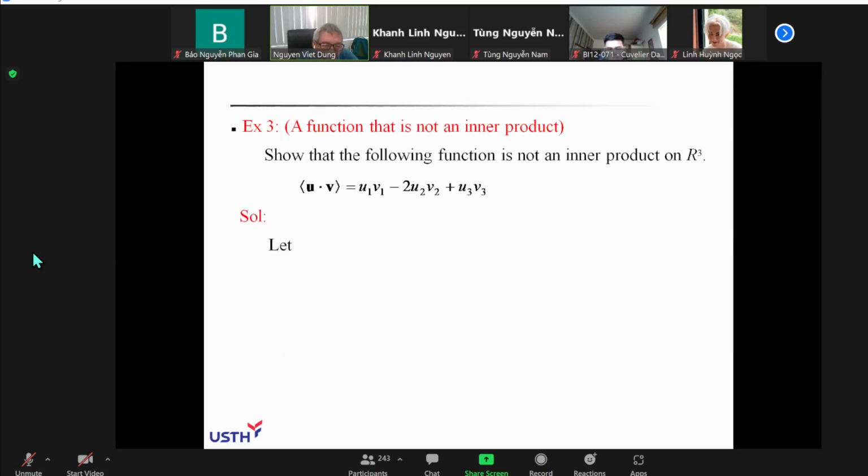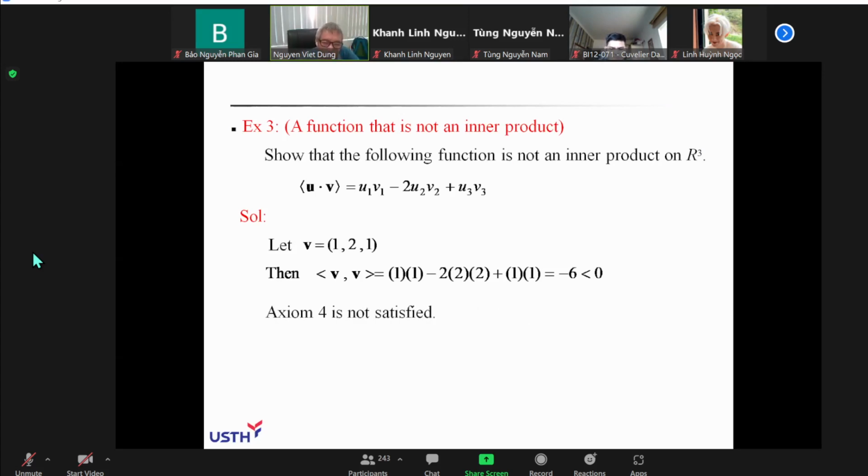If you consider the vector v with coordinates 1, 2, 1, then the inner product of v and v equals -6. So axiom number 4 is not satisfied. It means that this formula is not an inner product on R^n.